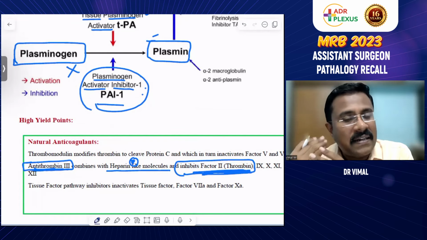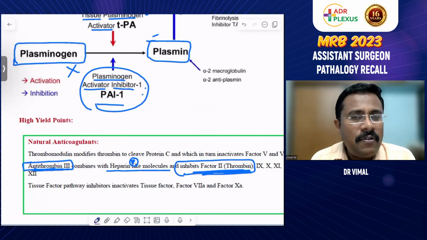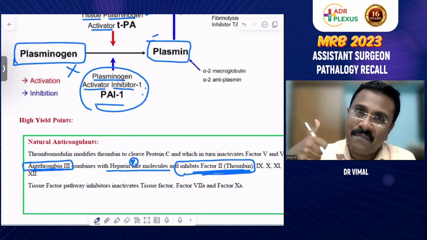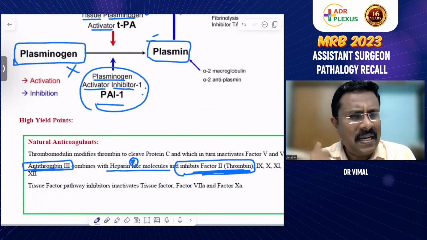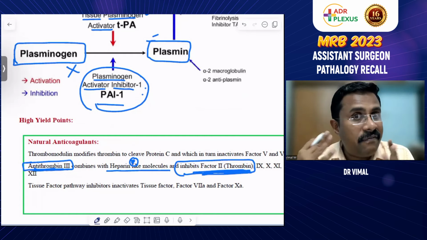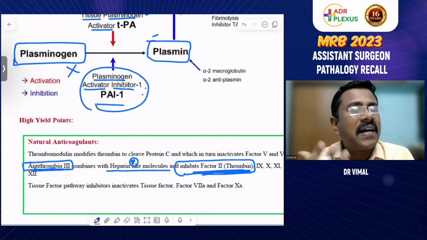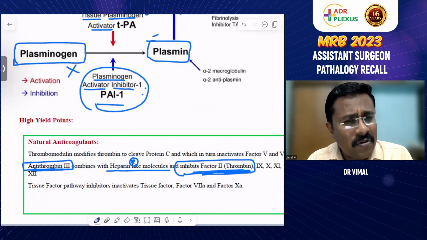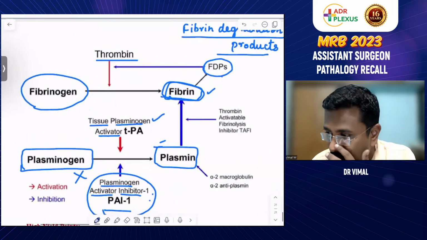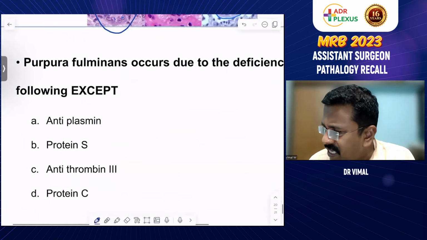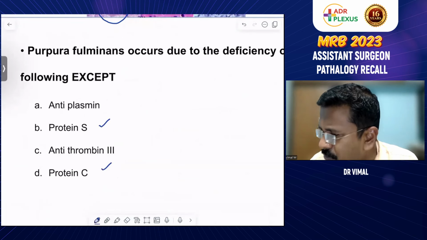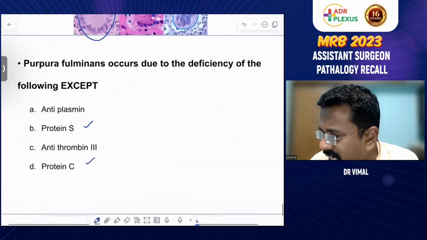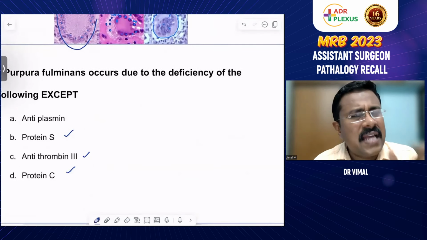And you also remember factor 5 Leiden mutation? Factor 5 gains some resistance to being degraded by protein C. That factor 5 Leiden mutation also causes hypercoagulability. So purpura fulminans occurs due to deficiency of protein S, protein C, and also antithrombin 3. So what is antithrombin 3?